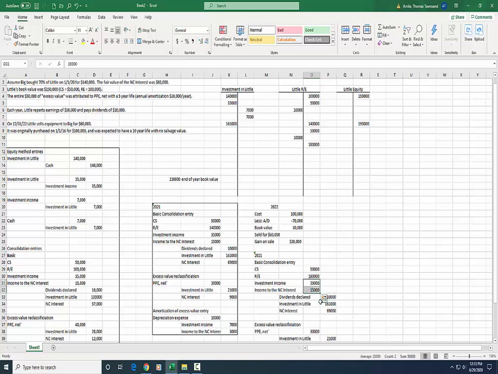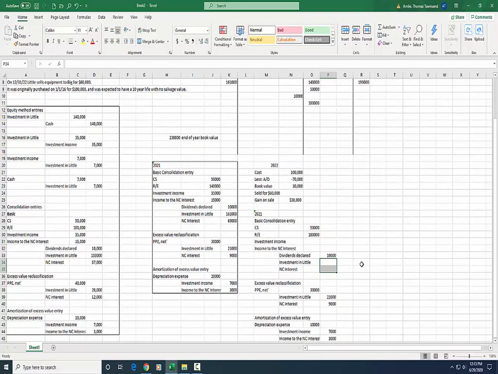It's the investment income that's going to start to give us a little bit of trouble here. The investment income, we're going to compute based upon not only the reported earnings, but we also need to adjust for the removal of any unrealized gains or losses, or the addition of any realized gains or losses.